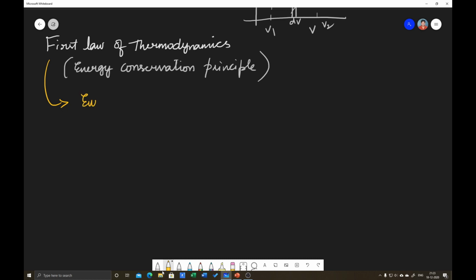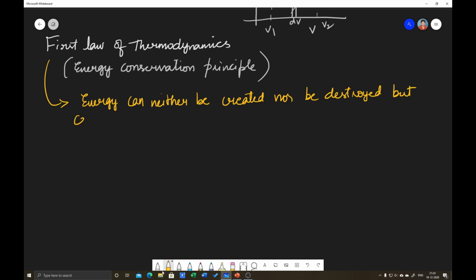A simple statement for this is: energy can neither be created nor be destroyed, but can be transferred from one form to another form.